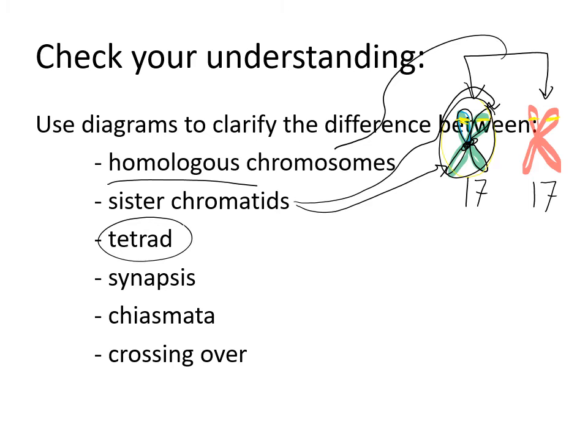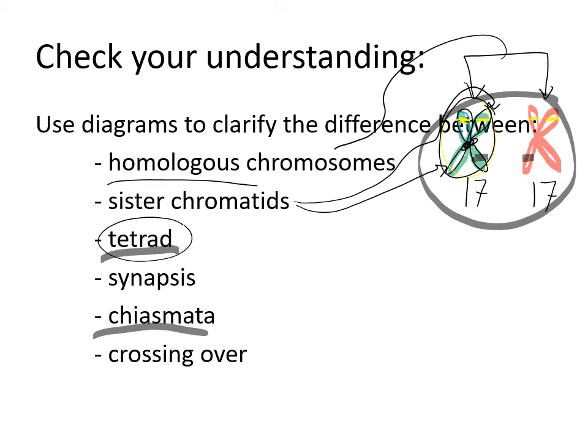A tetrad happens when these chromosomes come together. When they line up together, they form the structure once they're attached, ready to exchange pieces. That's called a tetrad, and the synapsis is the result of that process. Chiasmata is the point at which it happens, the actual specific spot.